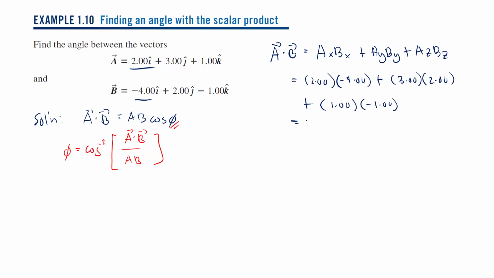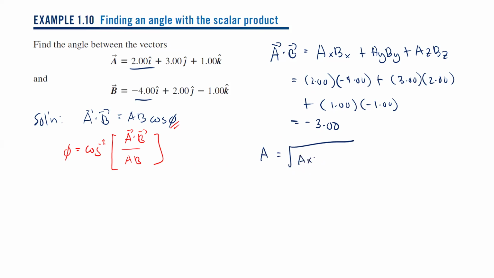So 2 times negative 4 plus 3 times 2 plus 1 times negative 1. So we have here negative 3.00.